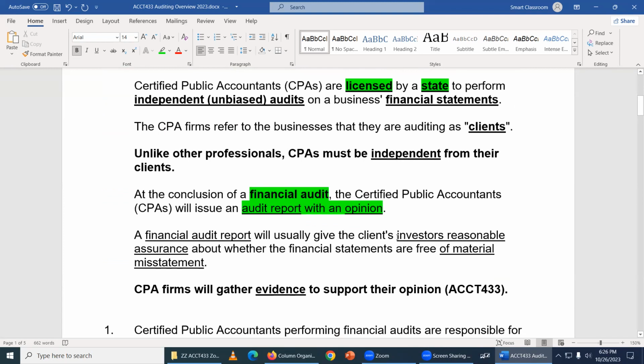And it gives the investors reasonable assurance. We never give absolute assurance, but we do give reasonable assurance about whether the financial statements are free of material misstatements. And we only look for, I should have free underlined there too, we only look for material misstatements.